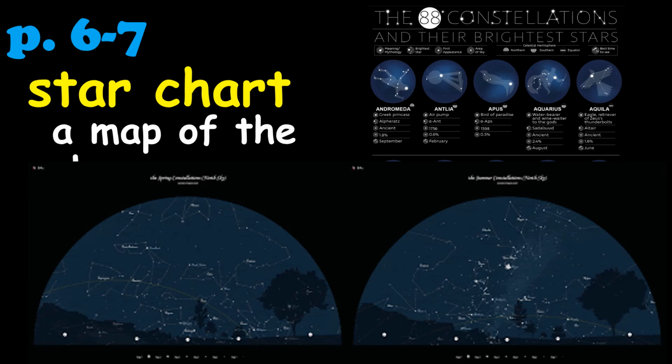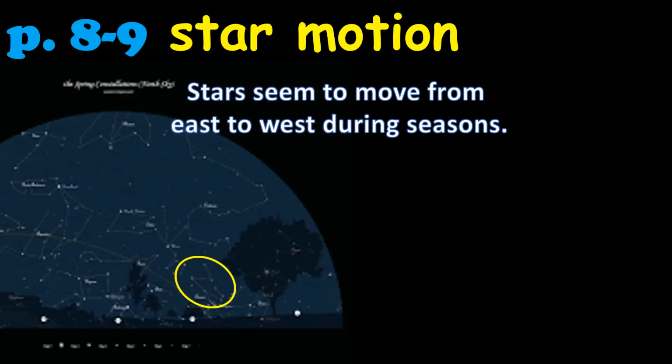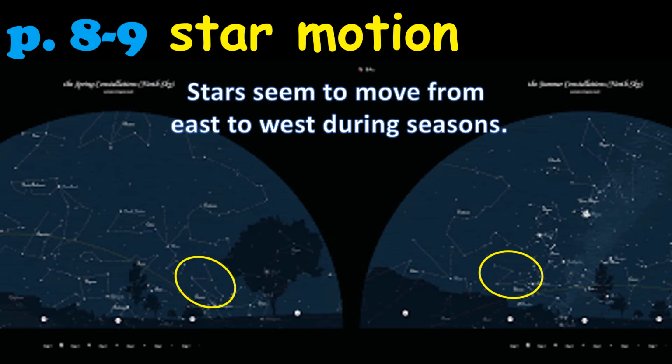So for example, here are two different star charts because they're for two different seasons, right? So when I look down here in the bottom right corner, as time is going along, our constellations are going to seem to turn in the night sky.